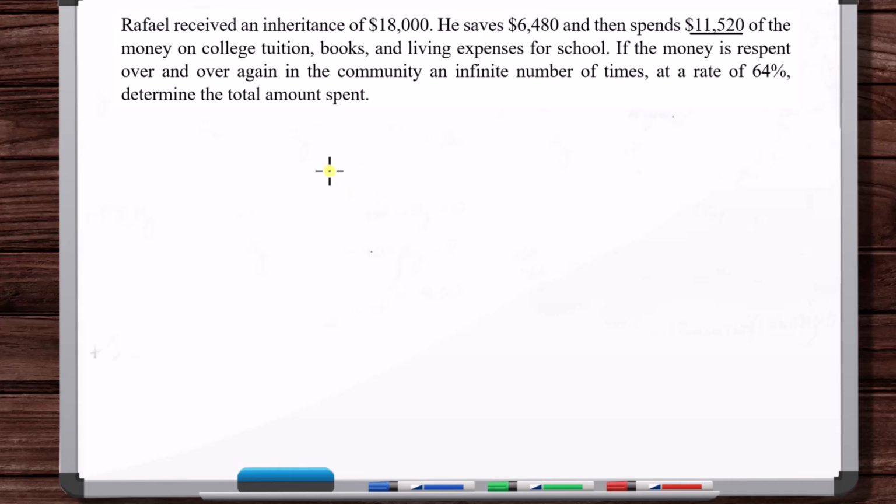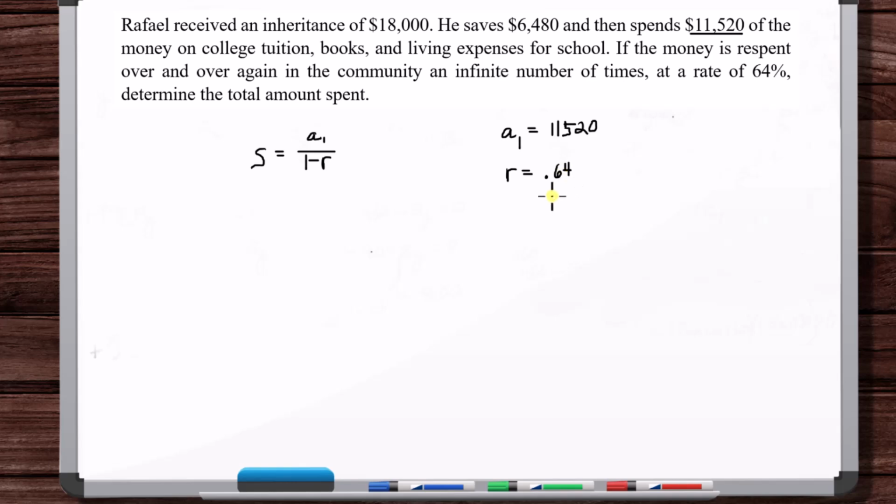So again, we're going to be using that infinite sum formula. Okay, the a sub 1 is that first amount spent. Okay, that's the a sub 1. The r that we're multiplying it by each time is 0.64.